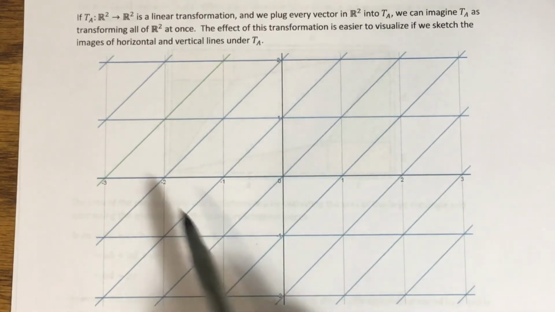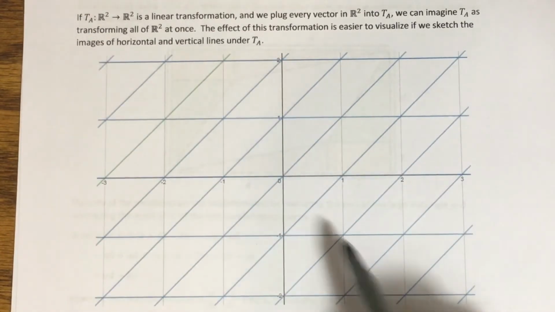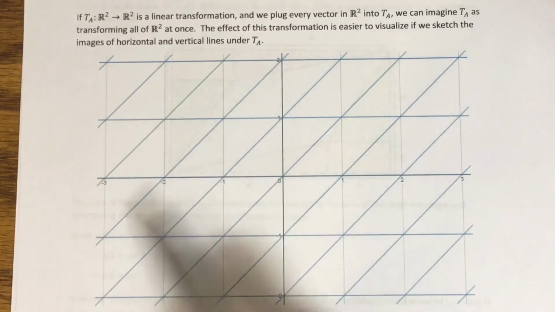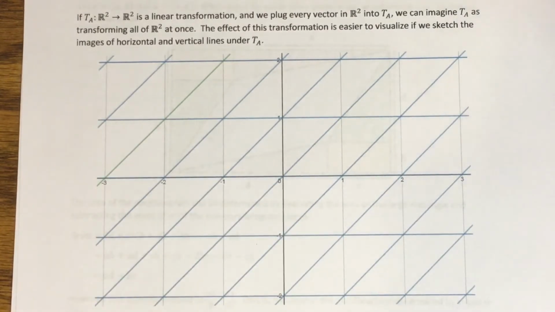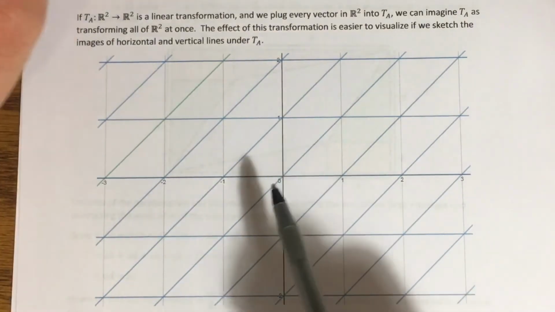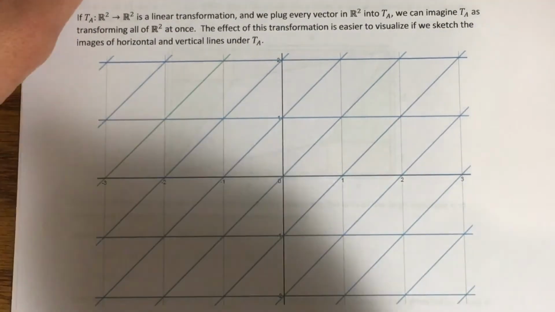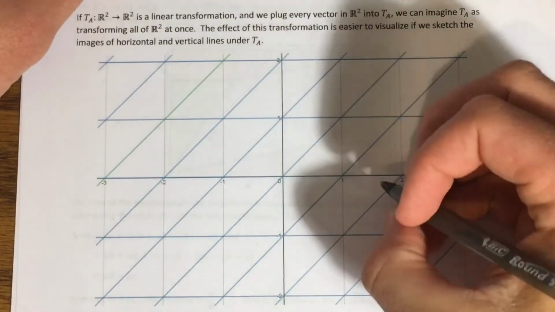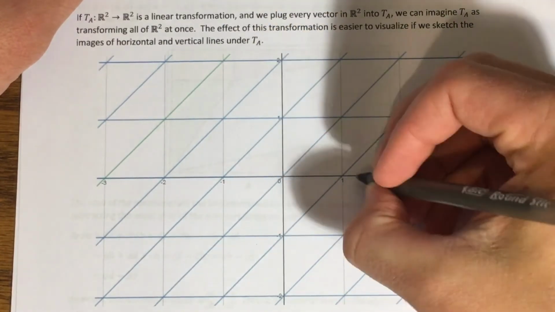And not only that, if the original set of lines was equally spaced, then the images will also be equally spaced.